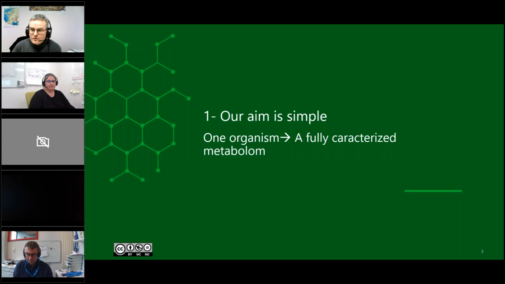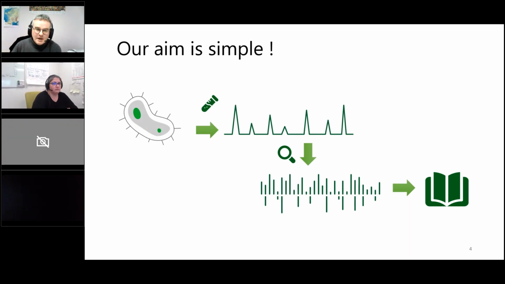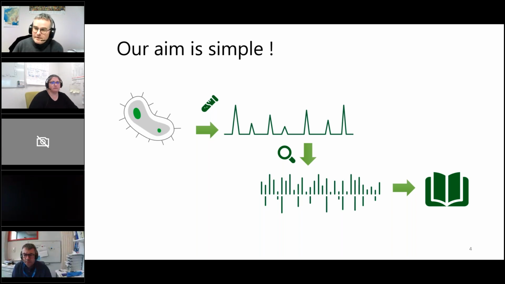So, as you all know, the story is quite simple. Our aim is simple. We just want to crush any kind of organism, and we want to characterize and give a name to every single ion that we can see in these organisms. So the game is simple. The rules are also simple. Again, here bacteria, then we do extraction, some kind of chromatography or separation, and then we apply mass spectrometry.